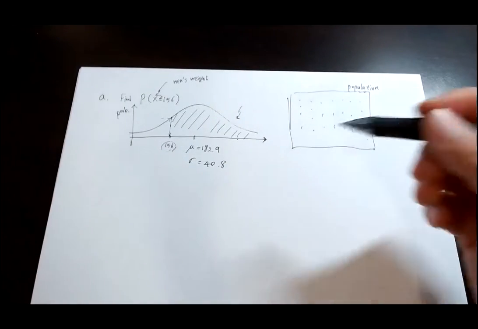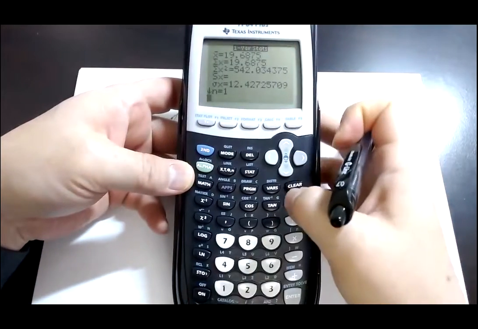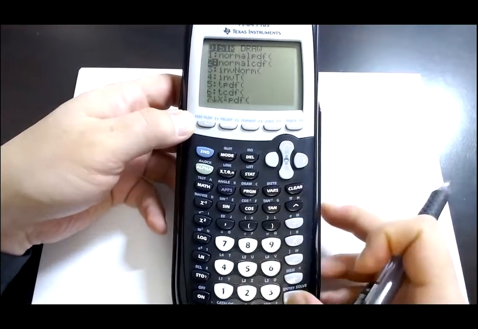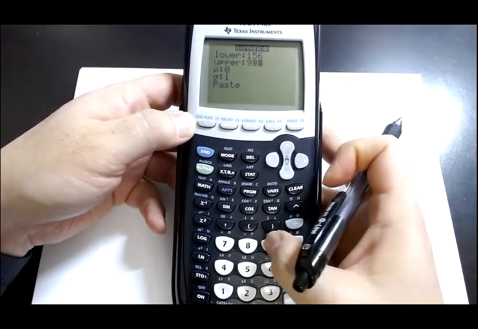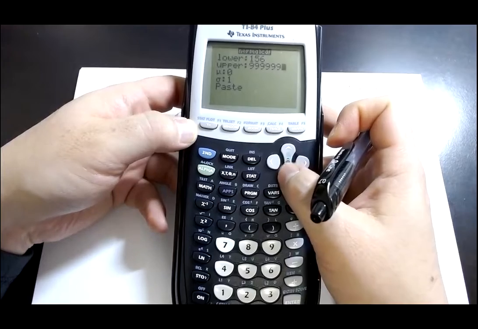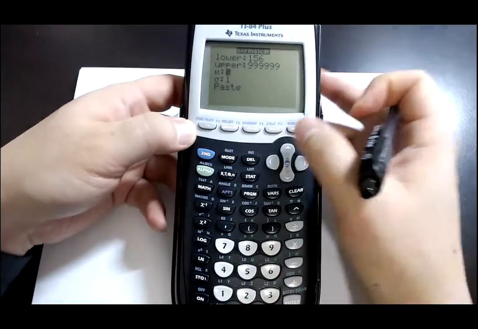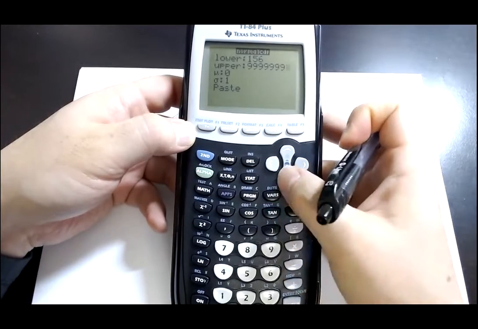So in the calculator, we go to the distribution. You see normal CDF right there. Lower is 156, and upper is infinity. But as I told you, the calculator doesn't recognize infinity, and there's no key for infinity, so we put 99999. We can put more 9s, that's fine.